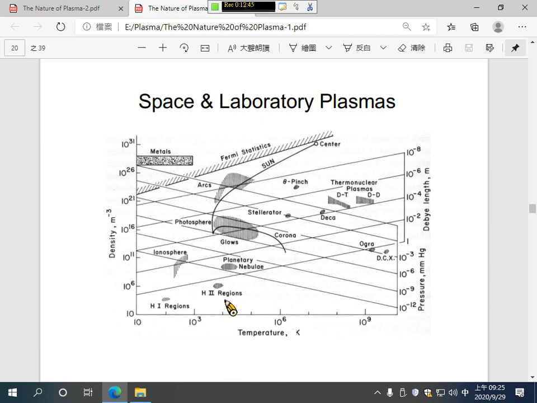In these figures, we can distinguish plasmas by their electron density and electron temperature. And in this figure here, the horizontal lines show the Debye length of the plasma system.